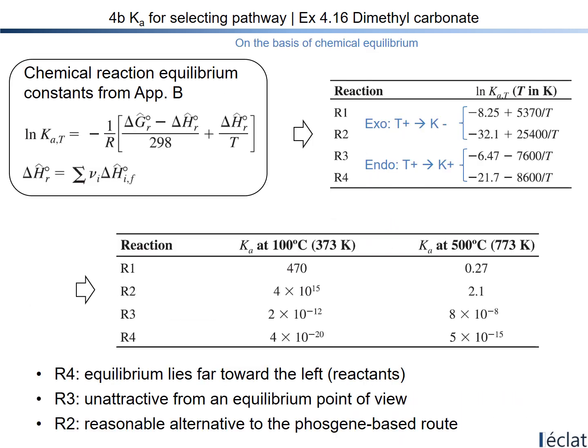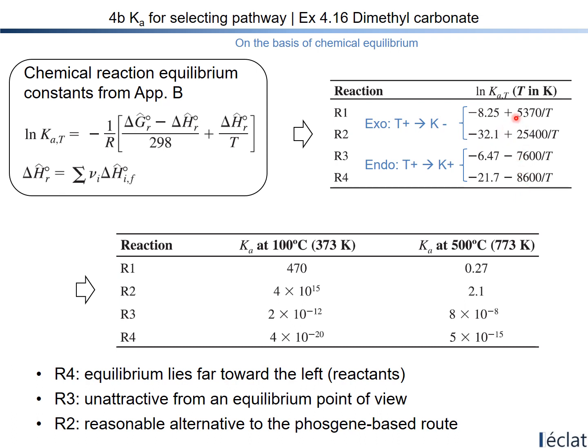Then let me think about the chemical equilibrium. Of course, we could use this equation, right? By calculating the enthalpy term and Gibbs free energy term of reaction from the formation energy, then we could obtain these equations. So let me check it.